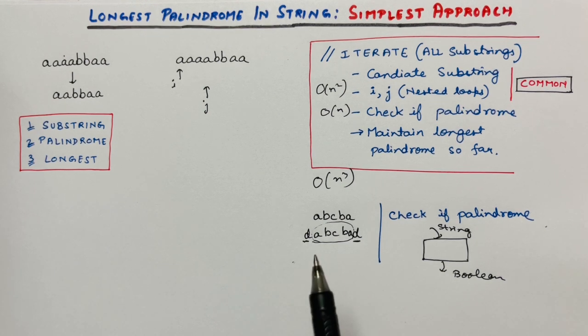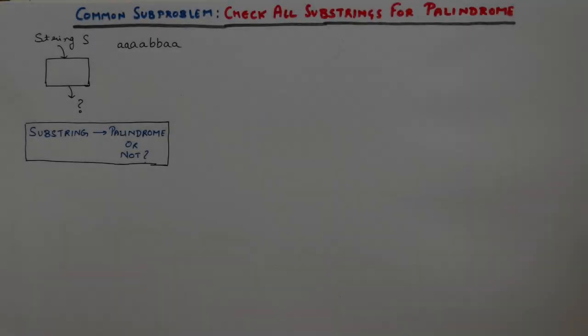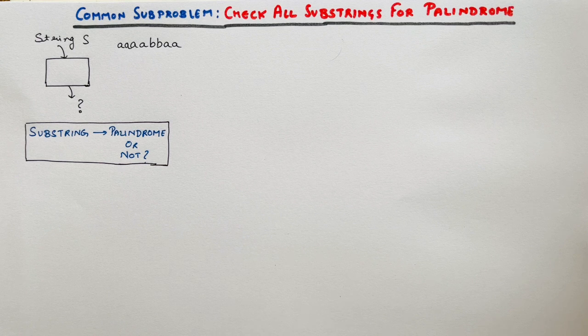Why? Because this is not able to use the results of past substrings which we have already calculated. This is a common problem where we are given a string S and for that string we have to check all of its substrings, and for all of those substrings we have to give the information whether that substring is a palindrome or not.